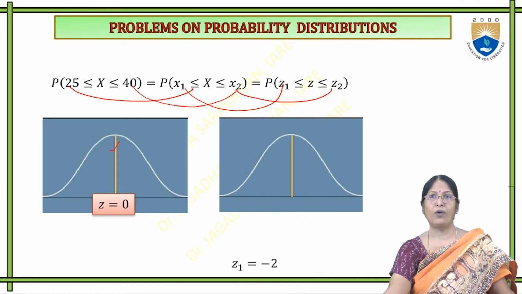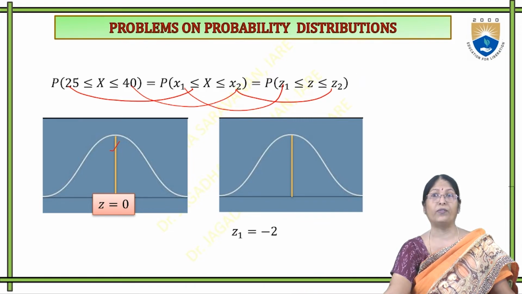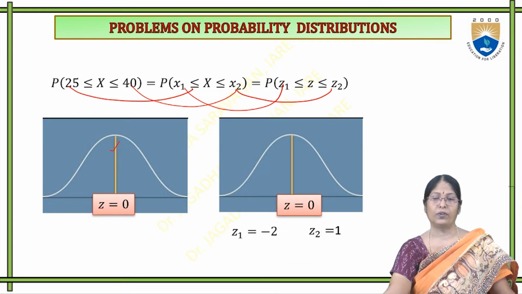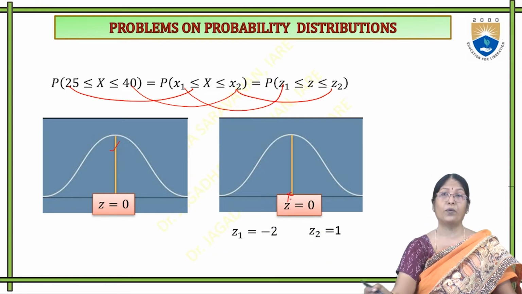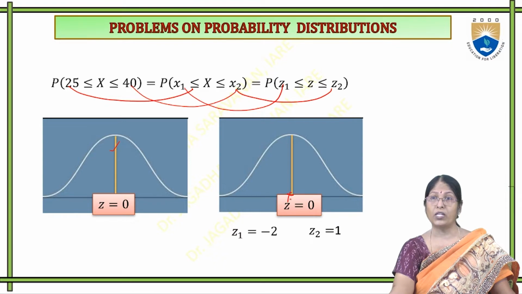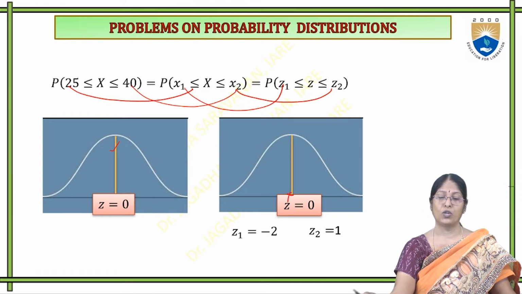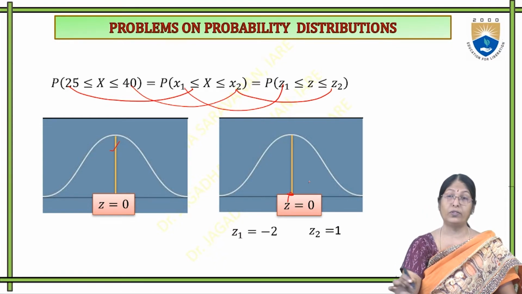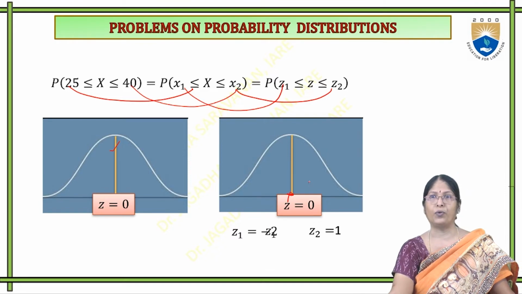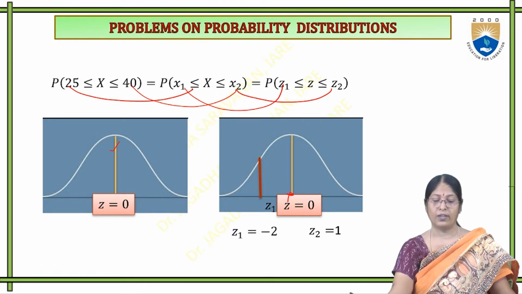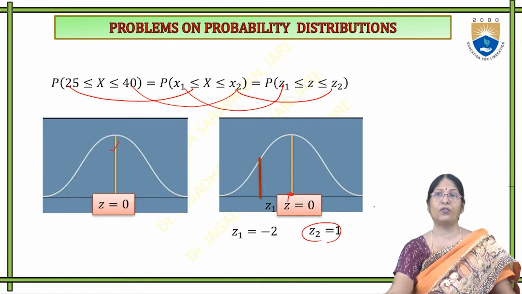Now, we have to say it, z1, the value is minus 2. If the value what we obtained is negative, so, left side, that is the middle one, z equal to 0, minus 2, the negative should be left to this point we have to fix. So it is fixed left to z equal to 0, whereas z2 is the positive value.